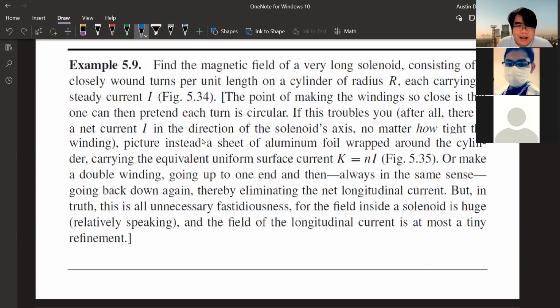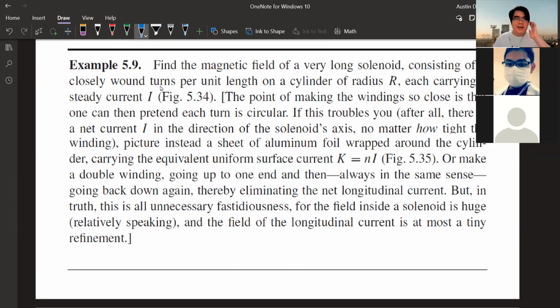Sinabi niya na pwedeng sheet of aluminum foil na lang, tapos nagbibigay ka ng surface current, Ni. Pero in essence daw, yung field inside a solenoid is huge, compared doon sa longitudinal current.